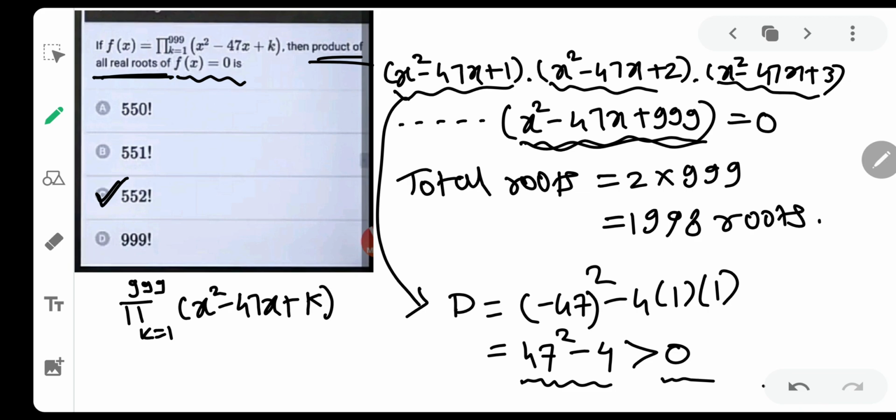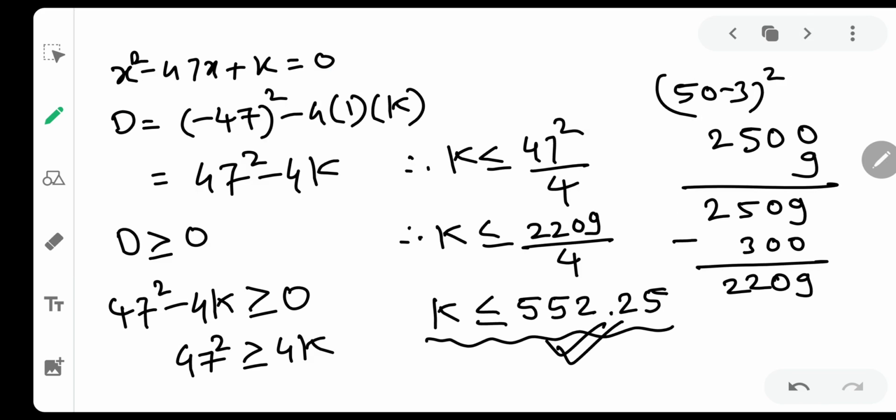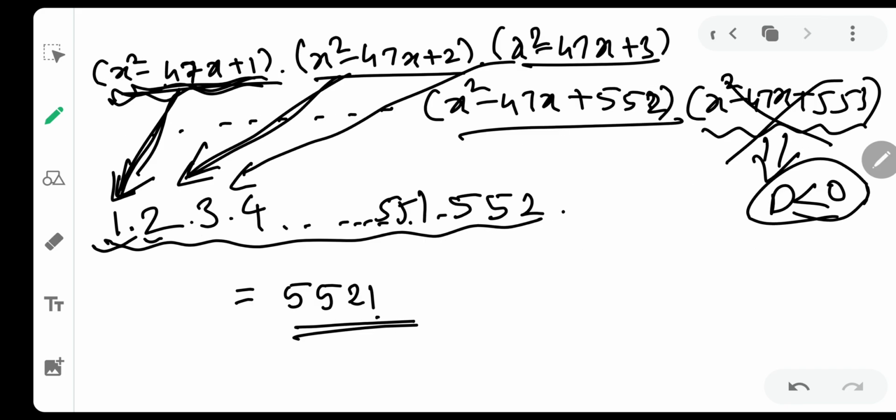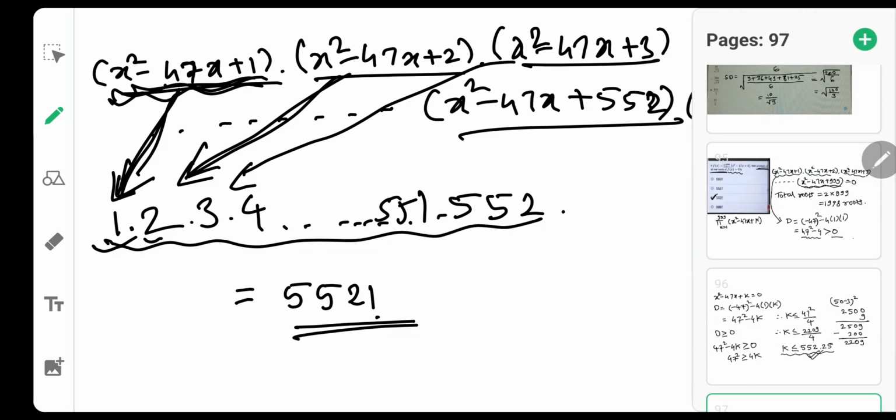We calculated the value of k, which came out to be less than or equal to 552.25. So up to 552 brackets, all the equations had real roots. The product of real roots from the first equation was 1, the second was 2, and so on. I multiplied all the products, and the answer came out to be 552 factorial.